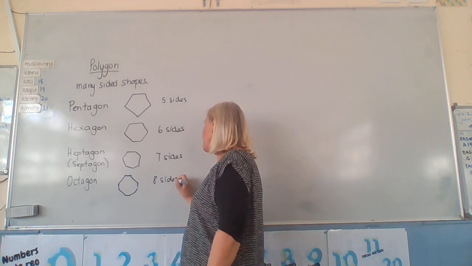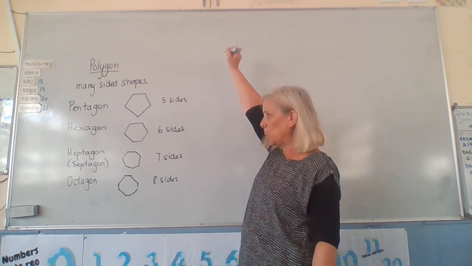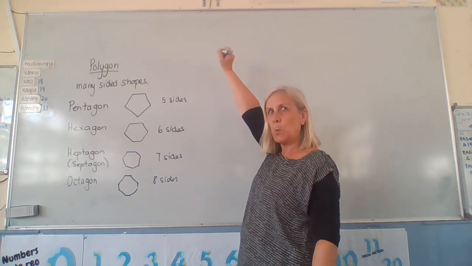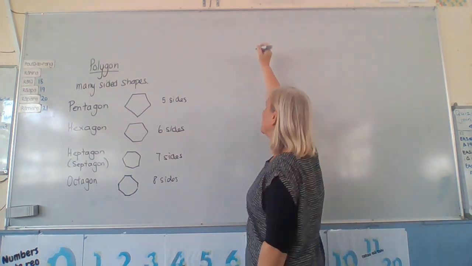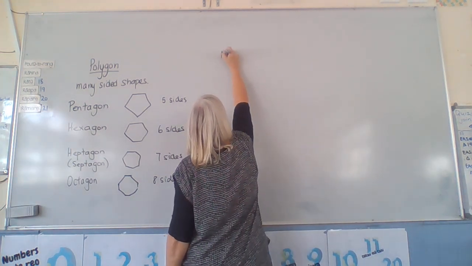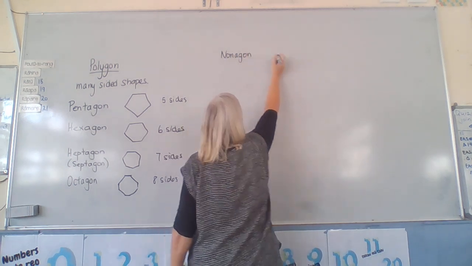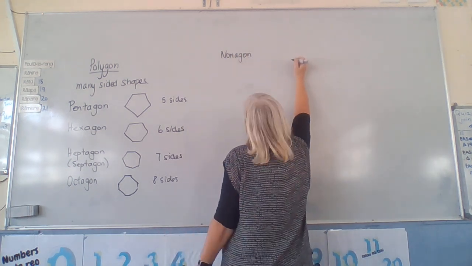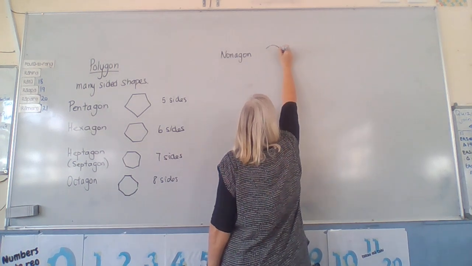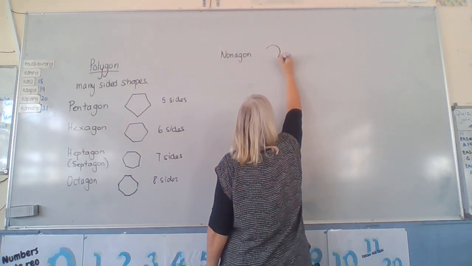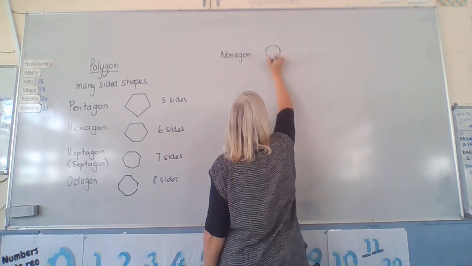All right. Last two. Next one. Go, William. A nonagon. Now this one's really hard. You just have to keep going and hope that you make it. 1, 2, 3, 4, 5, 6, 7, 8, 9.